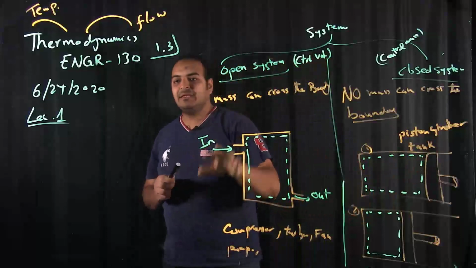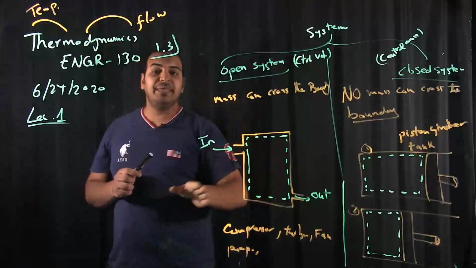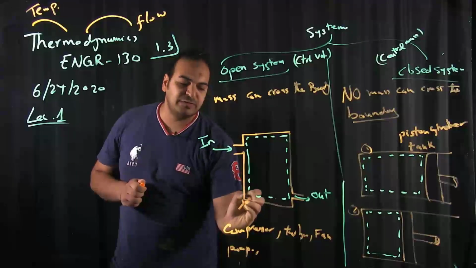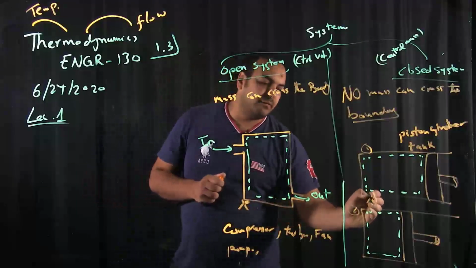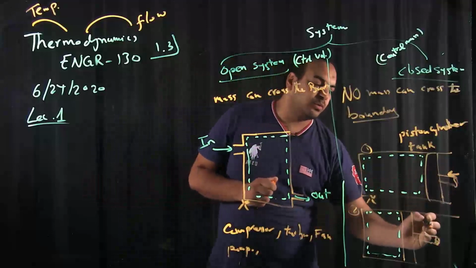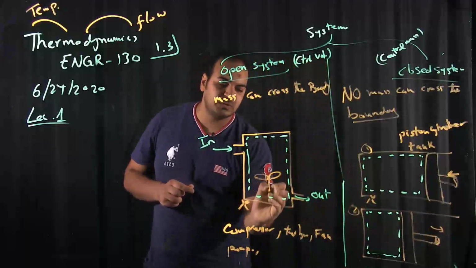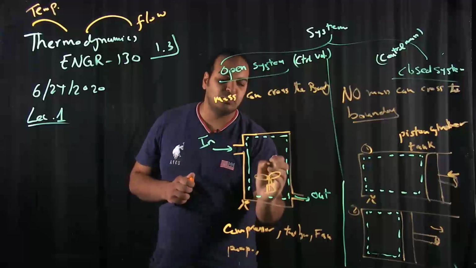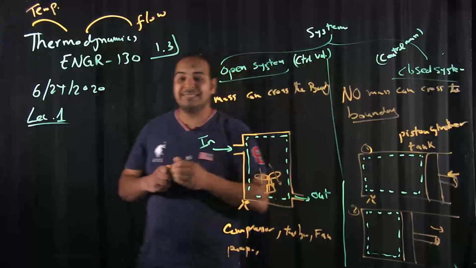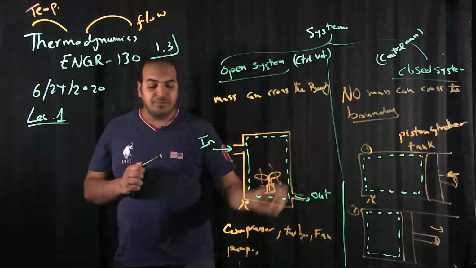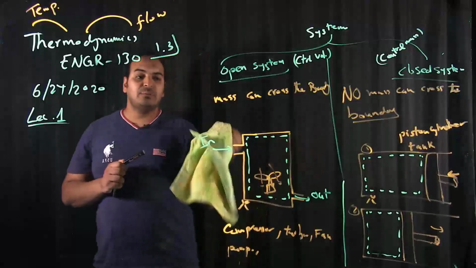Energy, heat or work, can be added in or out. I can add heat for any of these problems. I can add work or take work, for example with a compressor or fan. So this system can take work or remove work, take heat or remove heat.